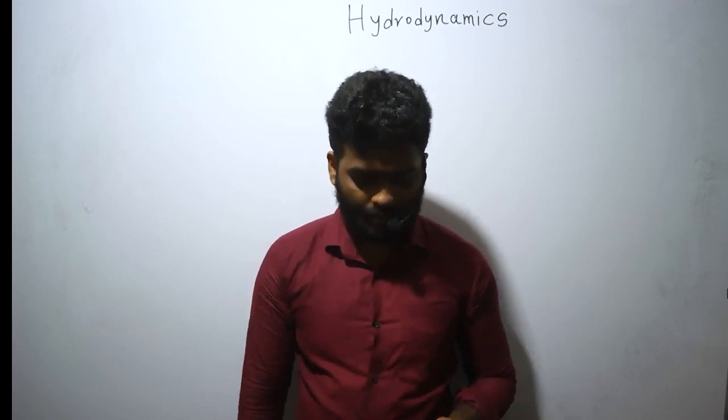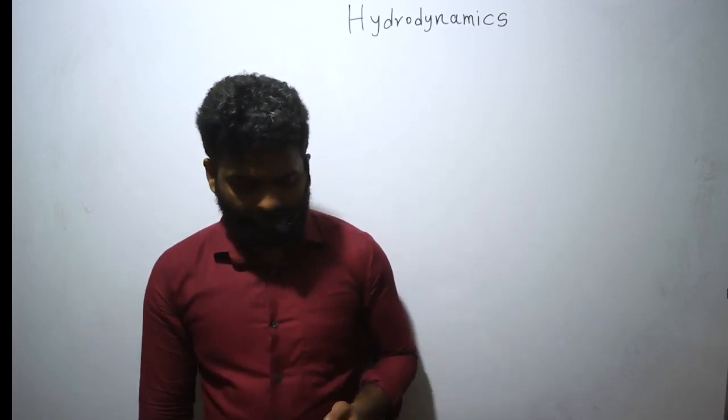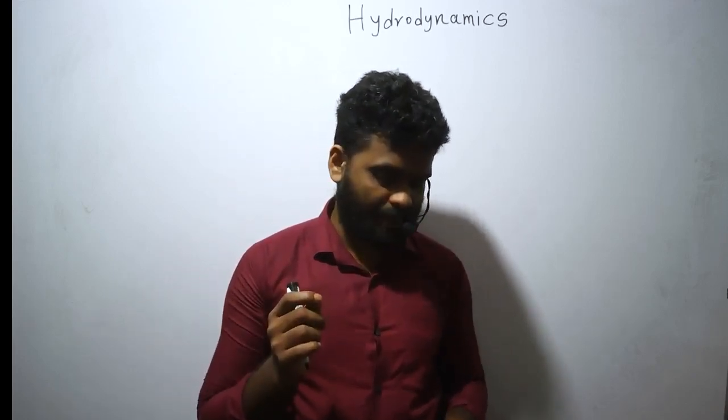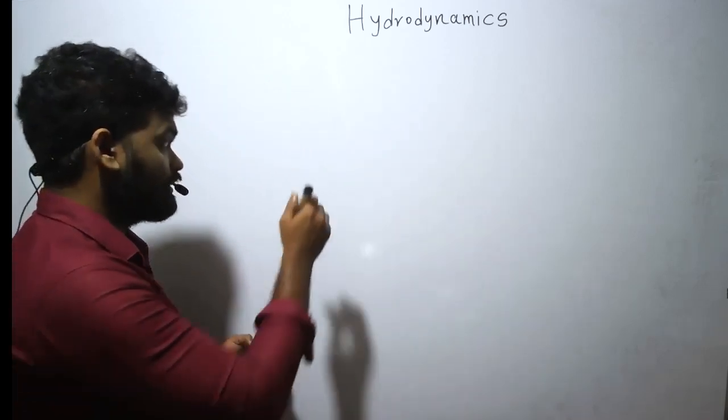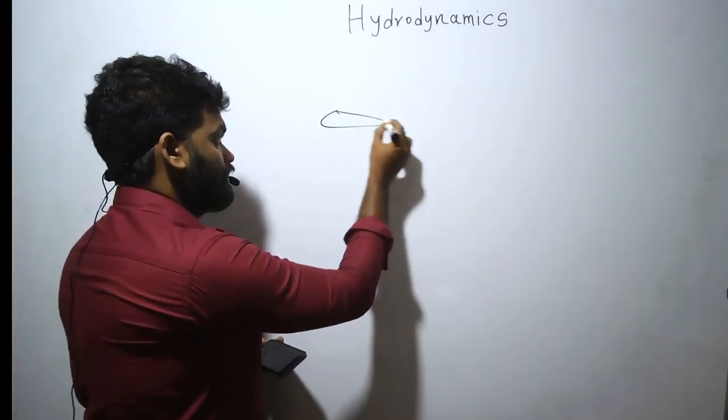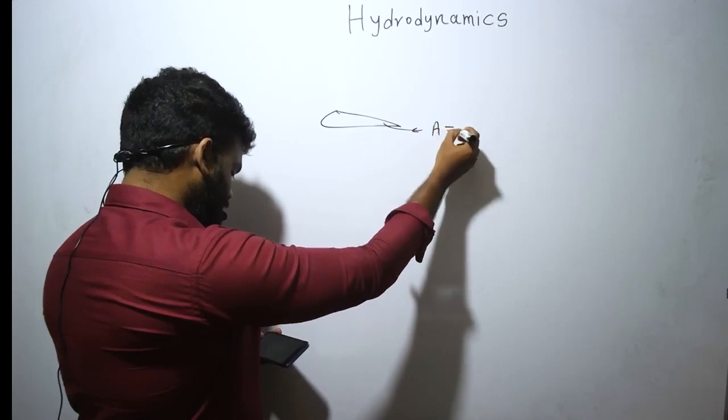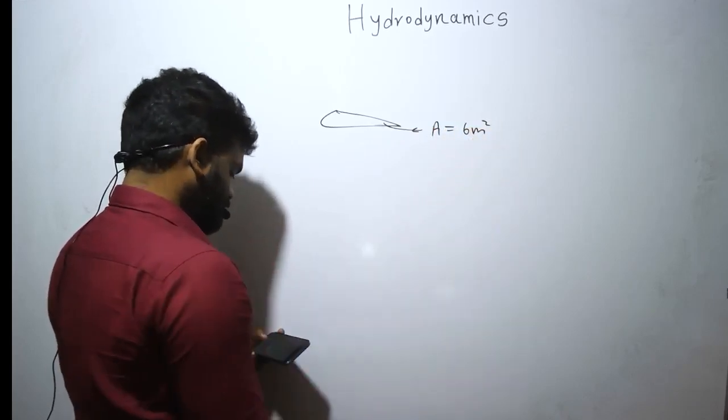Okay, right. 10th question. Mass of an airplane is 250 kilogram and the area is 6 square meters.